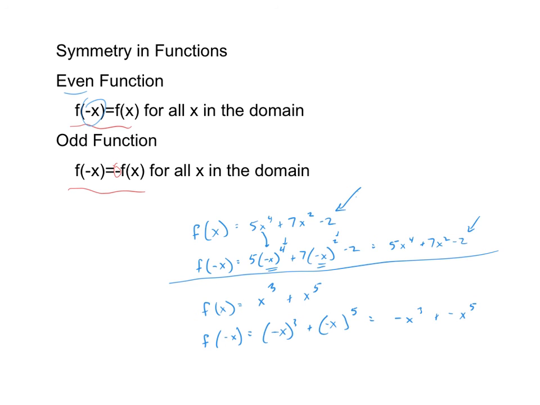All right, well, now I can factor it out of both terms, x to the third plus x to the fifth. And so what I've got, I started with this, I ended with negative that, I ended with negative my function, right? That's what it means for it to be an odd function, and that would be symmetric about the origin.